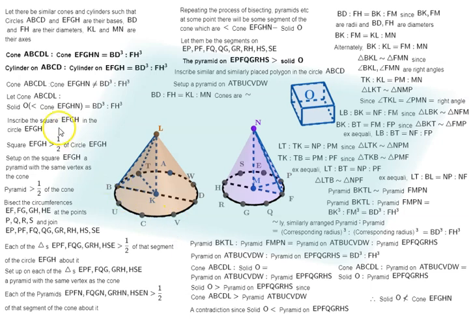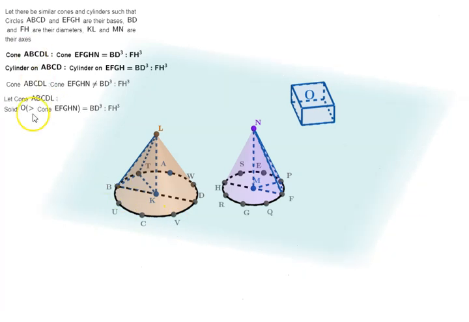Now let's look at the other case where it is greater. Let cone ABCDL is to solid O, which is greater than cone EFGHN, is equal to the triplicate ratio of the diameter of the bases. So now we can inversely write it as solid O is to cone ABCDL is equal to FH cube is to BD cube.